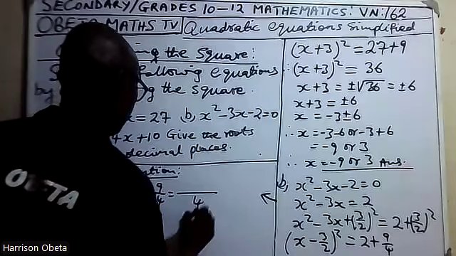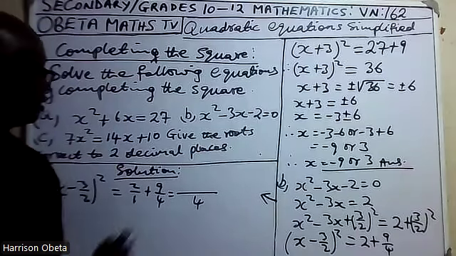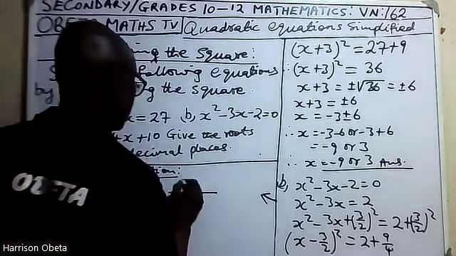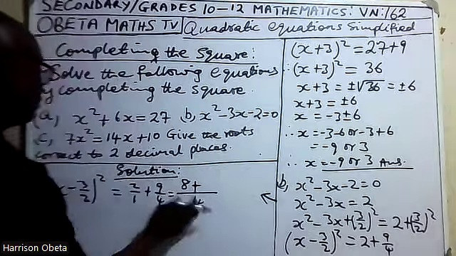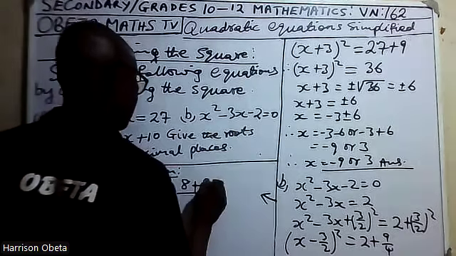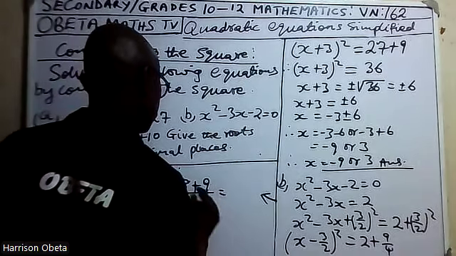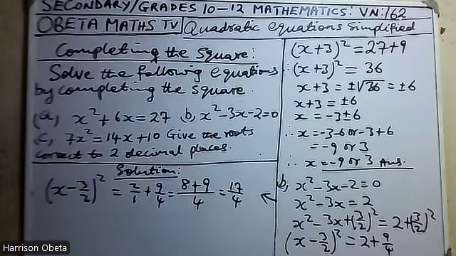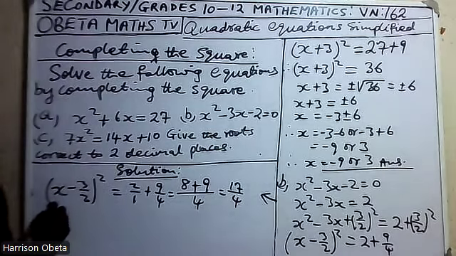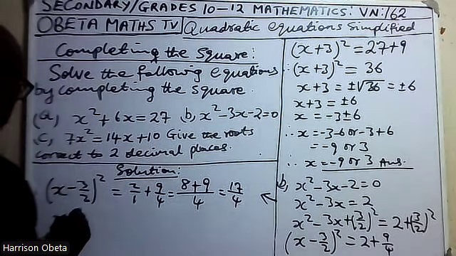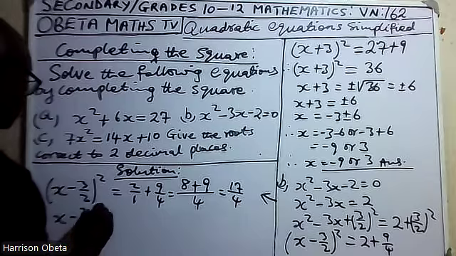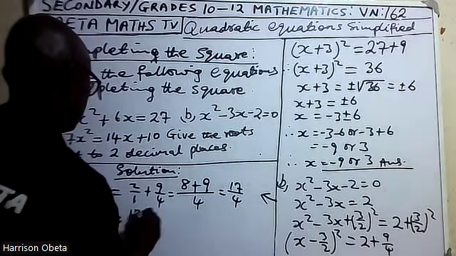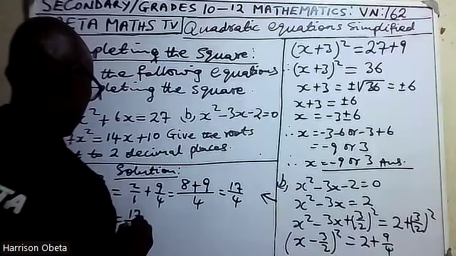The LCM is 4. 1 dividing 4 is 4, times 2 is 8. Plus 4 dividing 4 is 1, 1 times 9 is 9. And that will give us 17 all over 4. So we now have x minus 3 over 2 squared is equal to 17 over 4.